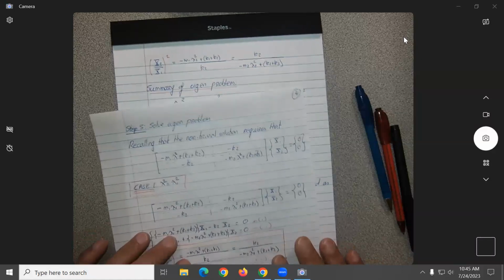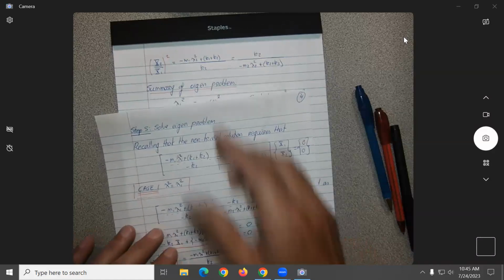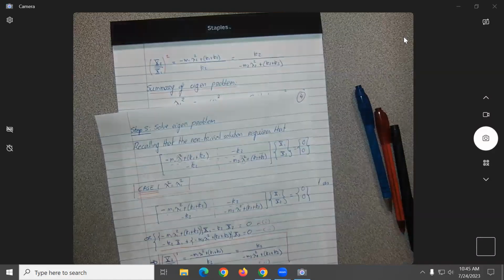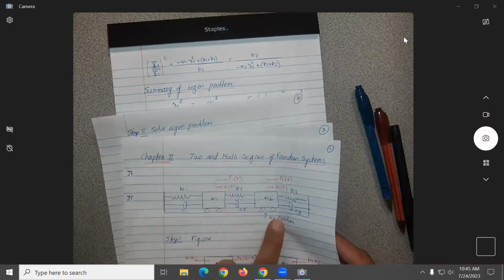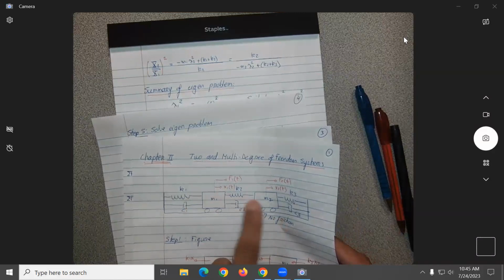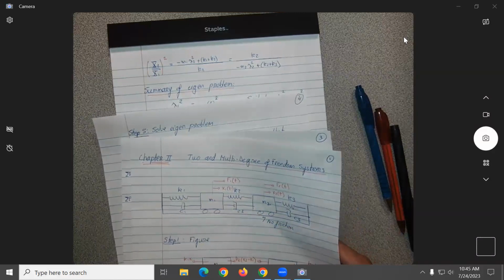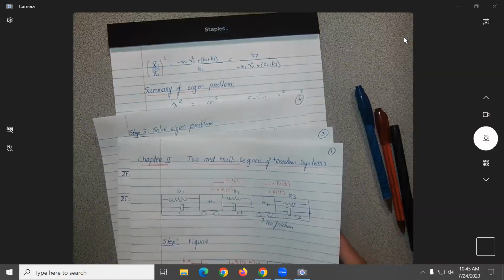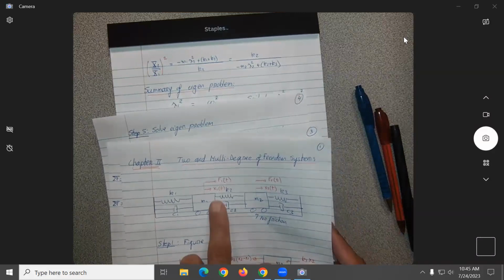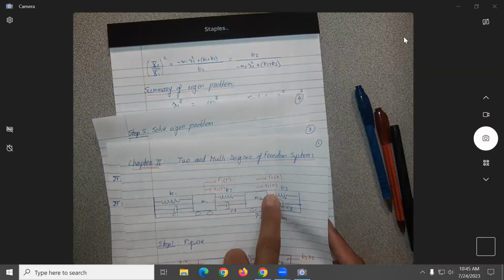Let's make it easy. Obviously, it's going to depend, but let's say in our system, M1 equal M2, K1 equal K2 equal K3, C1 equal C2 equal C3, no? To make it symbolic. So basically, the two options we can have is that X1 will be related to this X, and X2 will be related to this X.